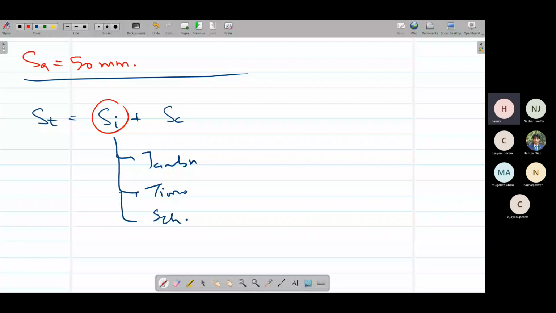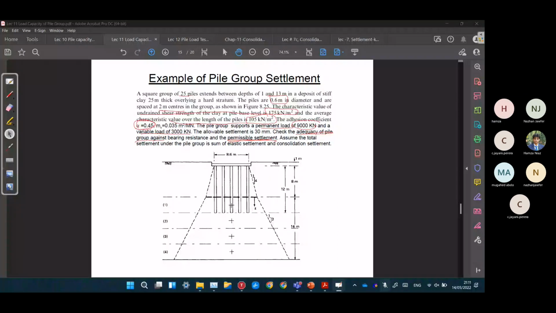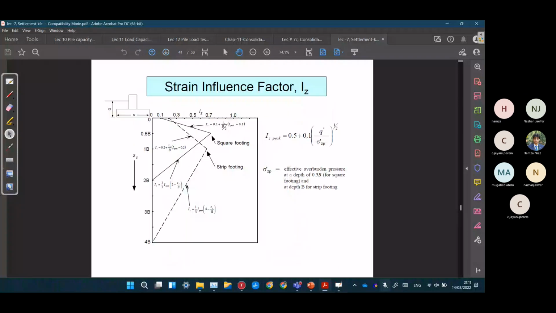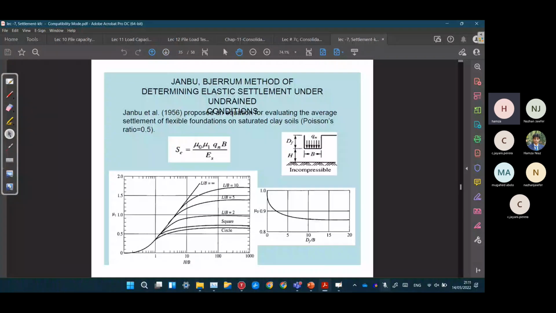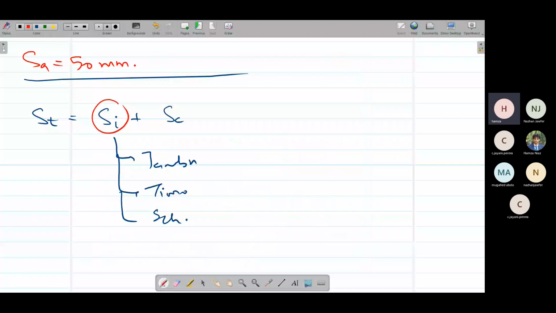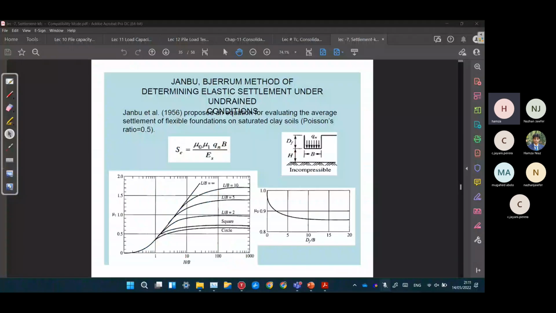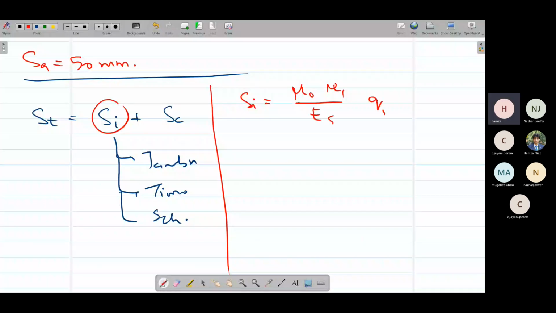If we move to the Janbu method, the Janbu method is for the clay strata, and this says that the immediate settlement Si is equal to mu naught mu1 over Es times q n b. This is the formula for this settlement.